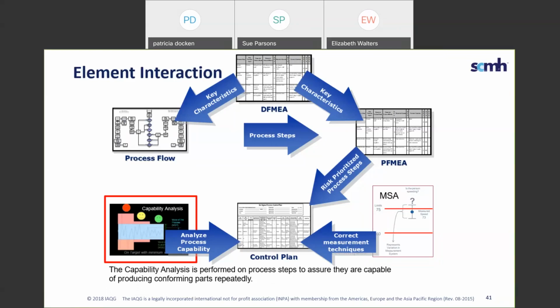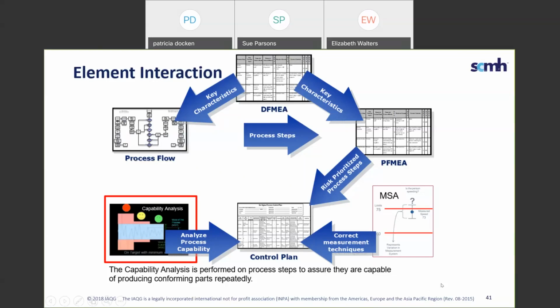And then a couple other tools we want to point out that contribute to the control plan. Measurement systems analysis is used to ensure that we have good measurement systems to monitor our product and process characteristics. Measurement systems always have some inaccuracy, and we want to make sure that we aren't introducing extra variation by using an inaccurate measurement system, and that our measurement system supports the measurements that we are trying to take to monitor our processes.